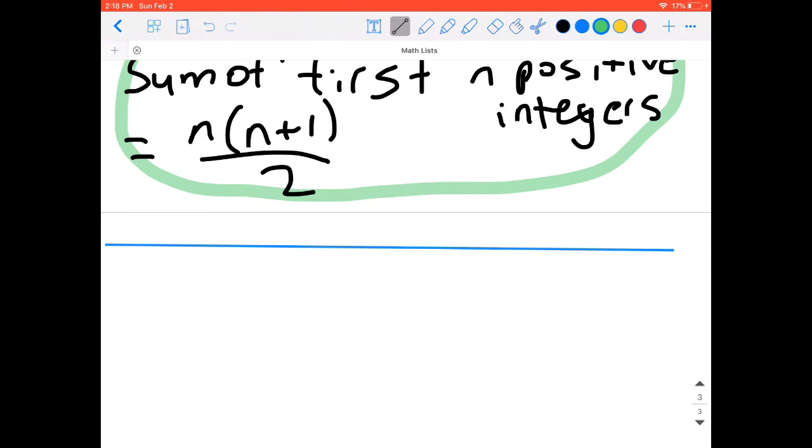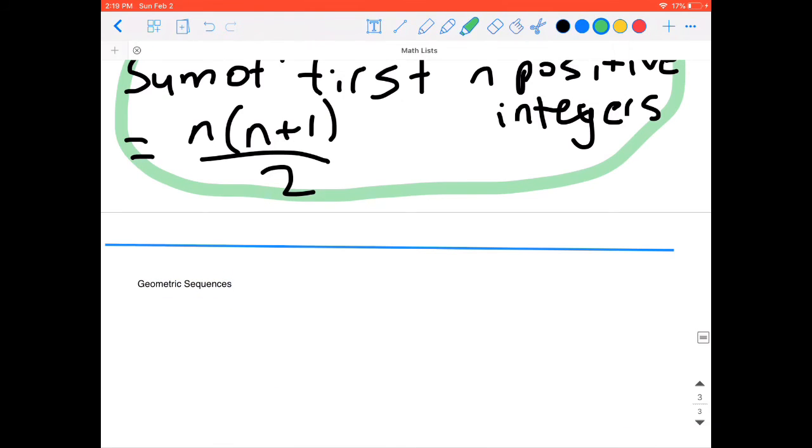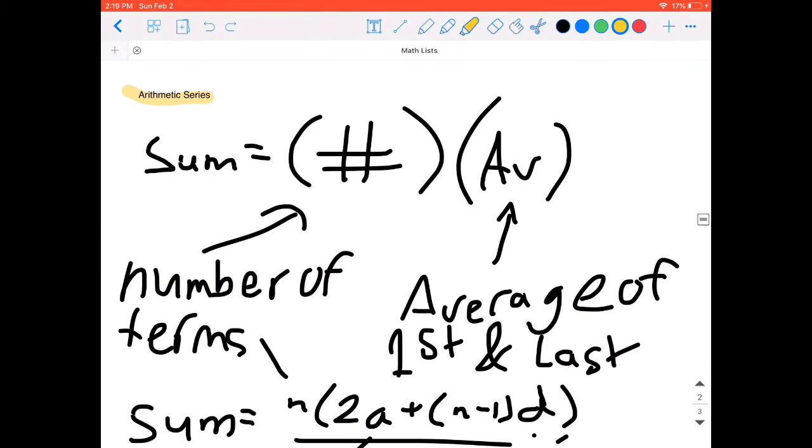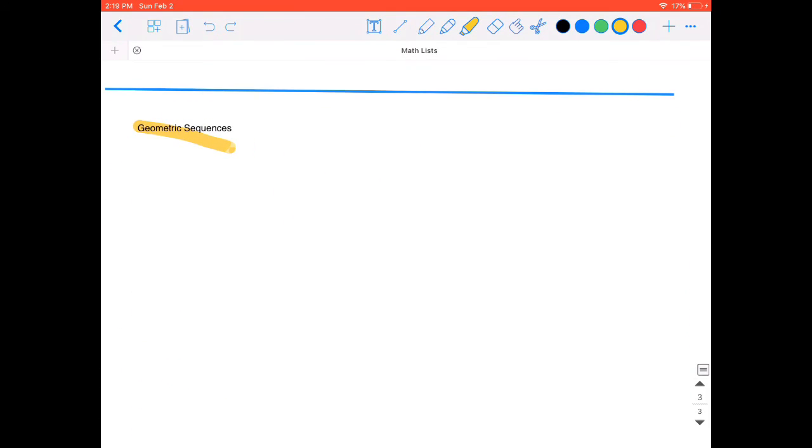Now here we move into geometric sequences. In a geometric sequence, instead of a common difference, it's a common ratio.